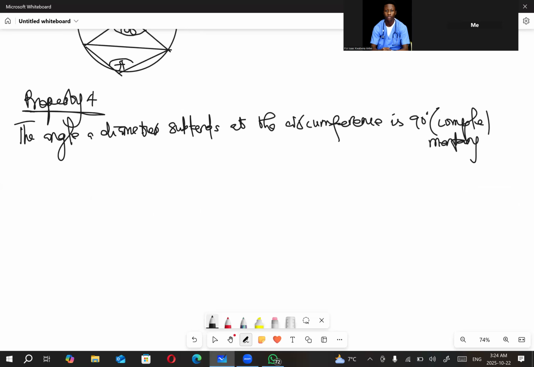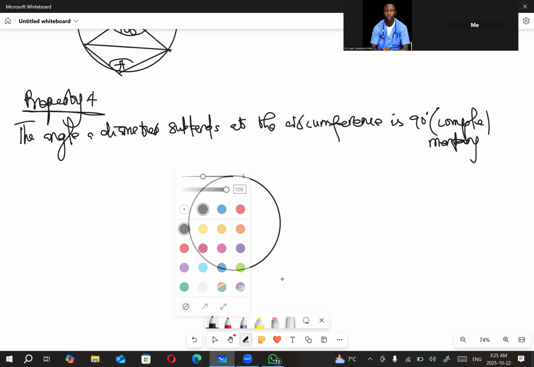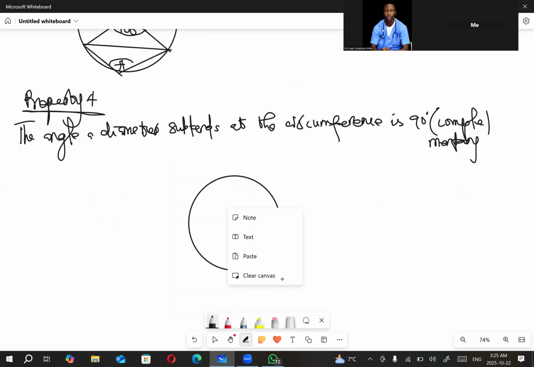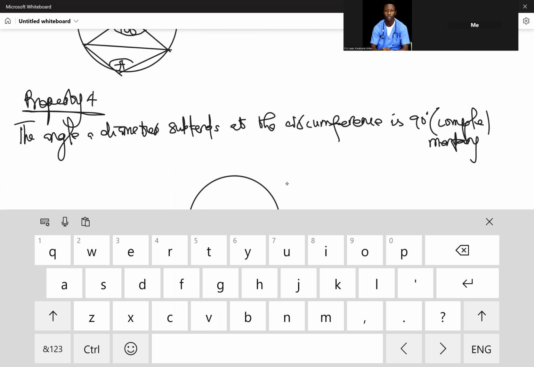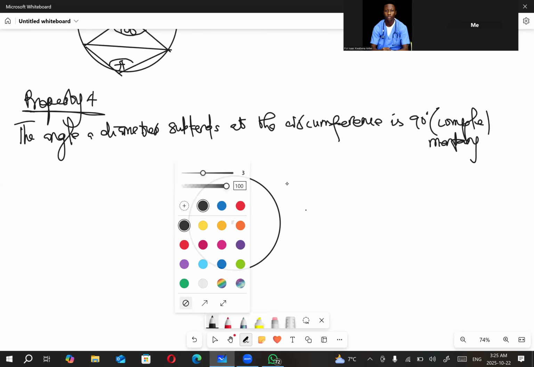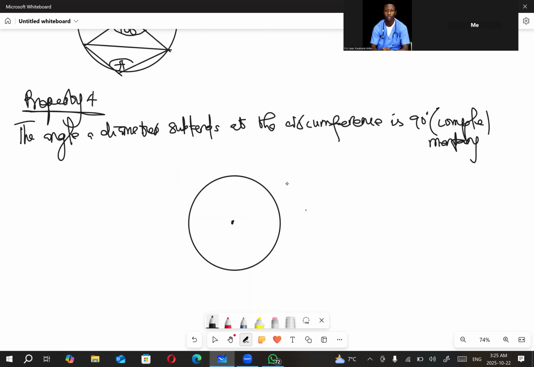Let's have a circle. Now you see they're talking about diameter, meaning there must be a center in our diagram. So the circle I'll be drawing, O is the center. Now let's see something.